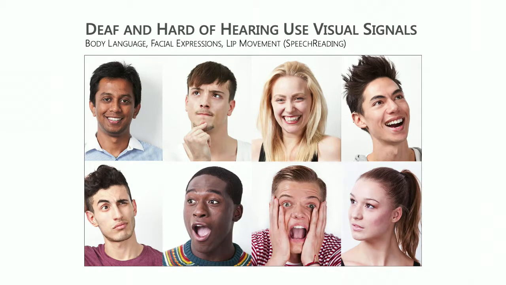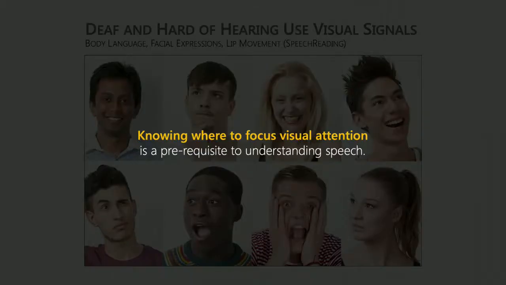Okay? Let me talk about the first project, the last year project. With this project, what is the problem? What are we trying to do here? As we all know, deaf and hard of hearing people use visual cues, for example, facial expressions, speech reading, or gestures, to understand speech. To use visual cues, knowing where to focus visual attention is very important.